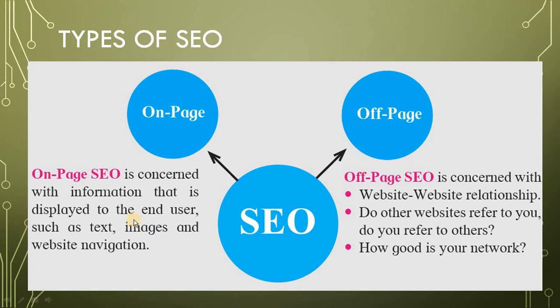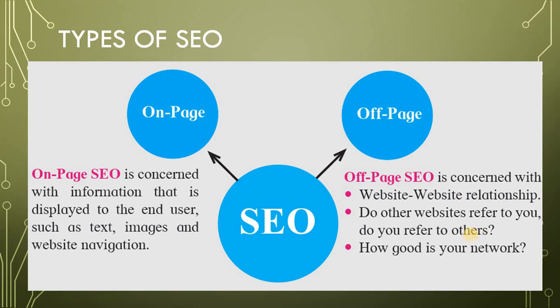So the content is very important when we are talking about on-page SEO. Off-page SEO is concerned with website relations, that is, two websites building a relation together. Do other websites refer to you? Do you refer to other websites? Are there any other references to your website? Is any trusted website referring to your website? So this is very important.